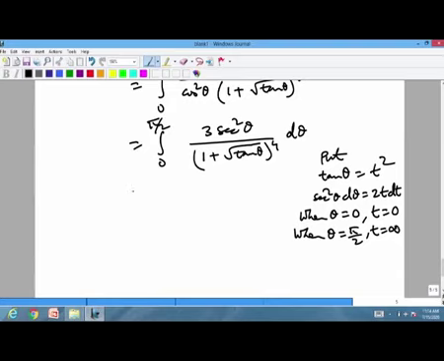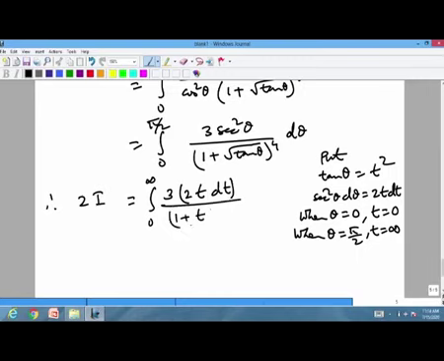So, this was 2I is equal to integral 0 to infinity of 3 times 2 t dt divided by (1 plus t) raised to power 4.